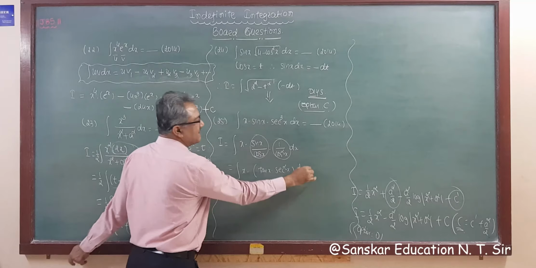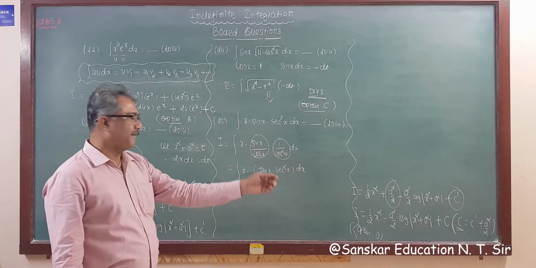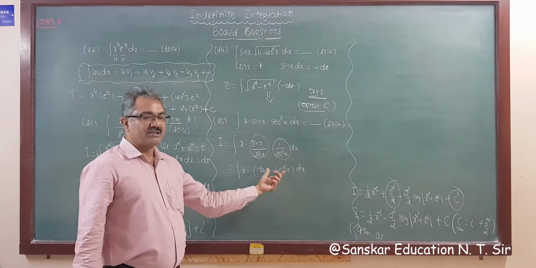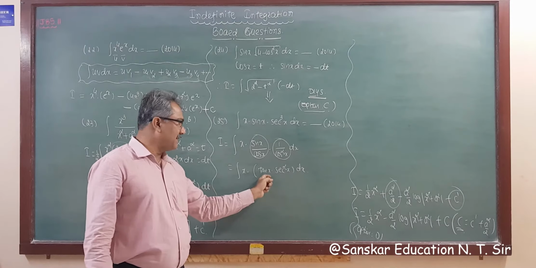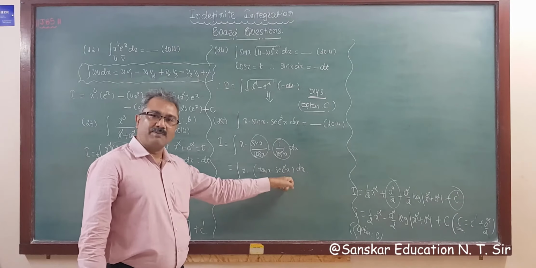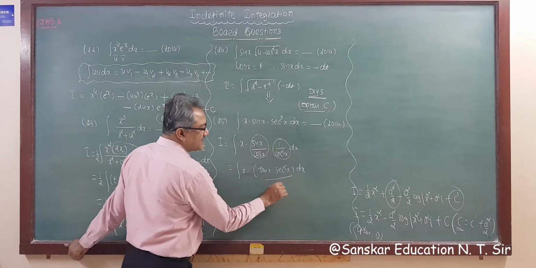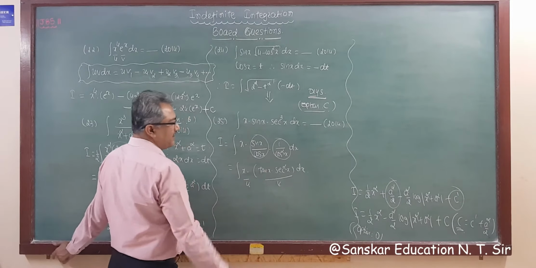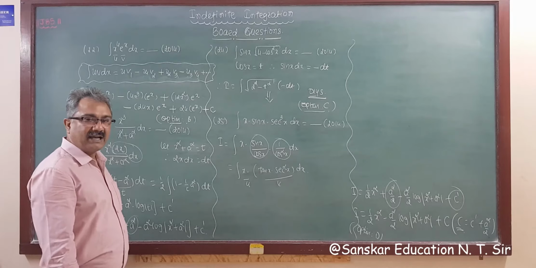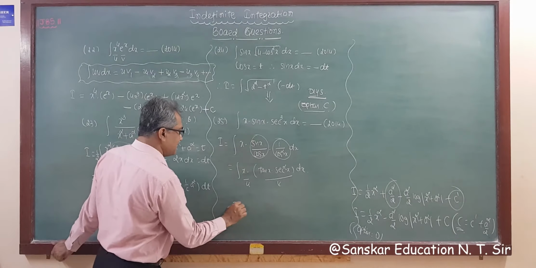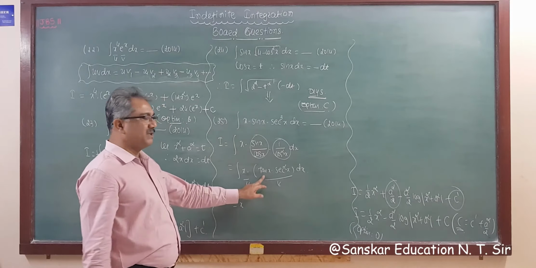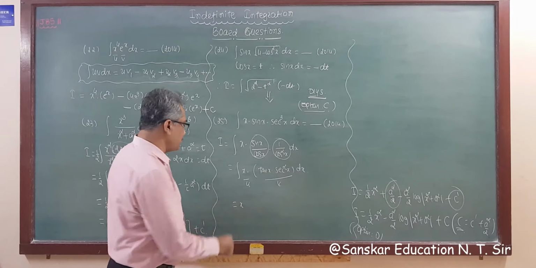We did this type of question earlier. So this is u, this is v, because this is the integrable function. The derivative of tan x is sec square x. So the f x into f dash x formula will be applicable here. So this whole function is v and this is u. So applying integration by parts, u as it is, that is x, and the integration of this is integration of tan x into sec square x.